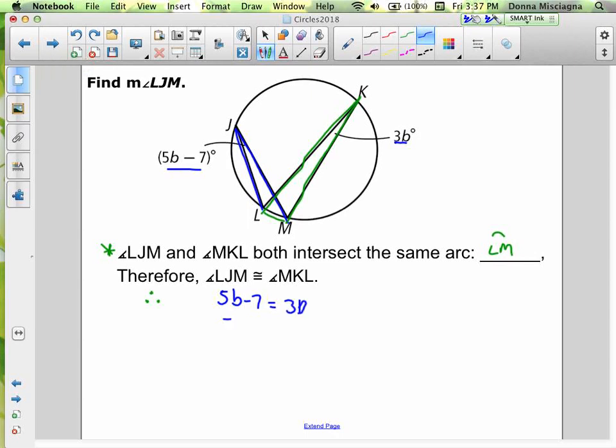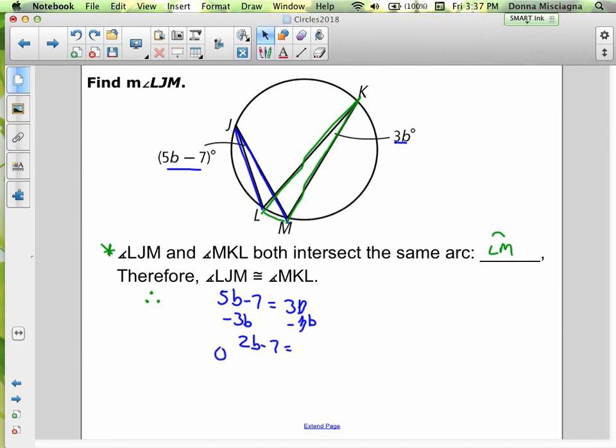Let's subtract 3b from both sides, even though it's going to give us 0 over here. So 2b minus 7 equals 0. Ooh, that's a 0. And then add 7 to both sides. 2b is 7.